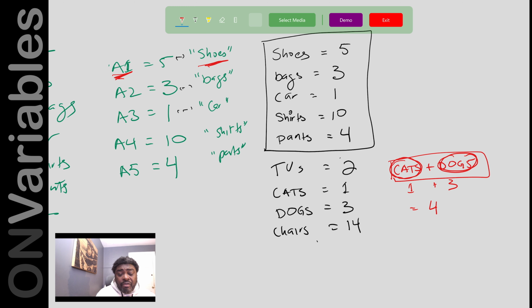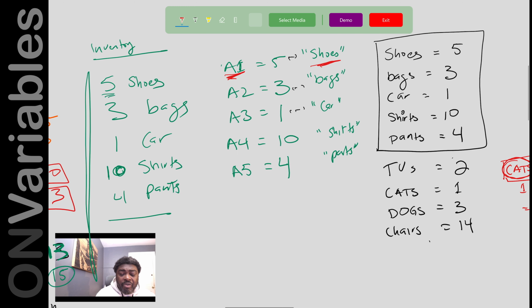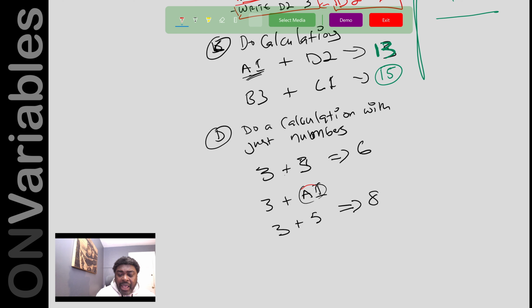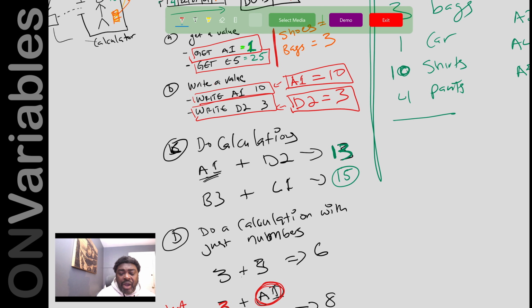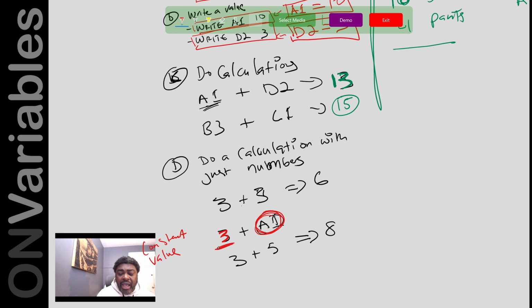Well, as you saw before, you don't always pass a memory location. You can also pass an actual value, which is referred to as a constant value. Why is it a constant value? Because it never changes. 3 is just 3 is just 3. You can't write a value to it because it's not actually in memory.